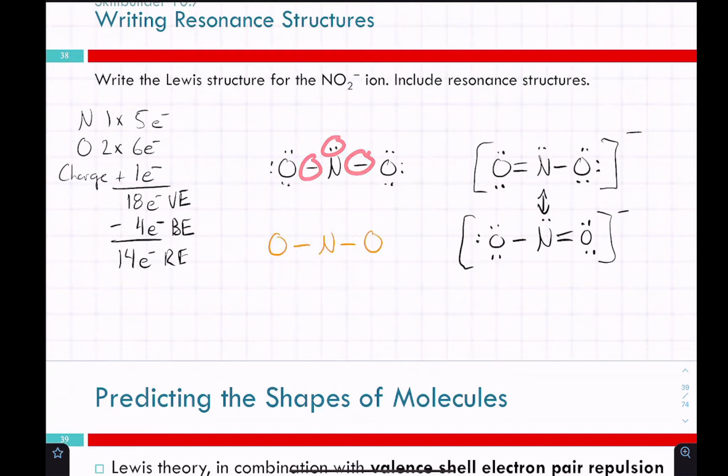And it needs 8. Would we be able to do the first one together? Hopefully we'll have time to do a few of these. Everything needs to have 8 electrons, right? Here, before we did a double bond, this is only 6.